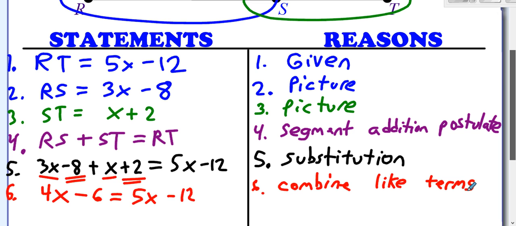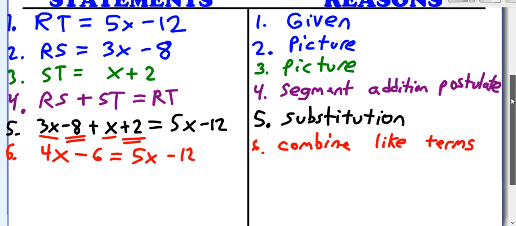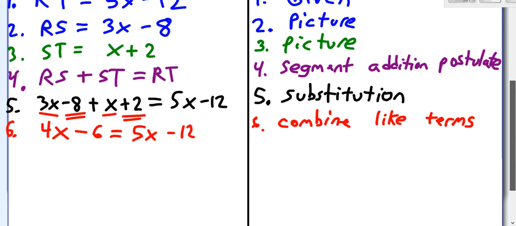So now we're going to try to finish solving this, hopefully in another step or two. The next thing we can do is get our x's together on one side. So let's move this 4x over. Subtract 4x. 5x minus 4x is just x.